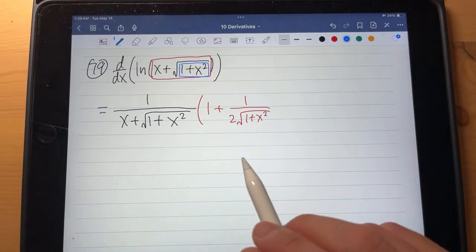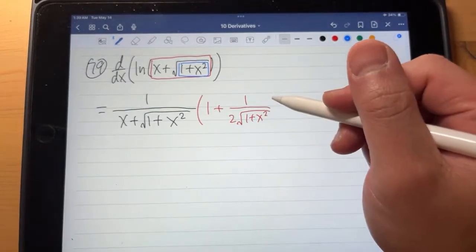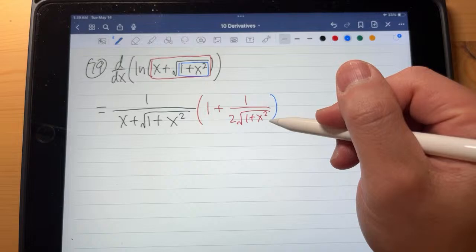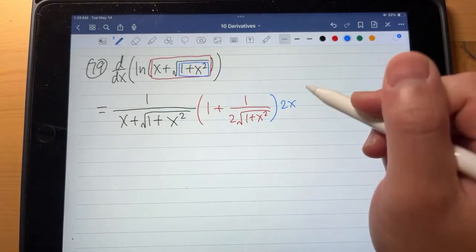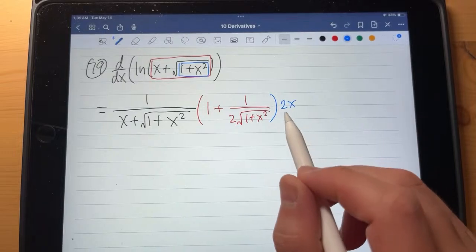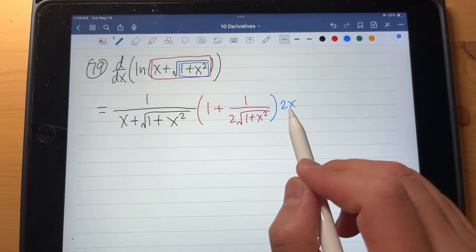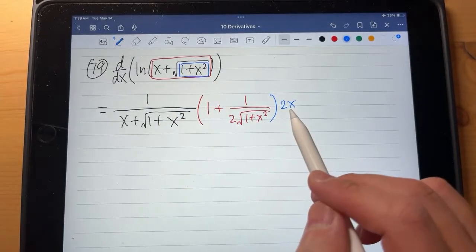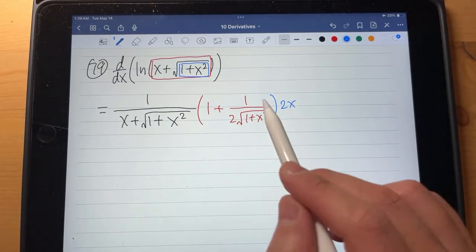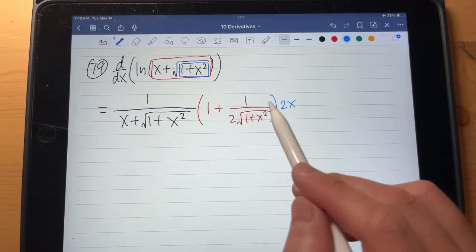Now, here's the common mistake. I have seen students close the parentheses and then multiply the derivative of this, which is the 2x. This is incorrect, because the 2x is the chain rule from the square root part. So it should just be right next to the 1 over 2 square root of 1 plus x squared.